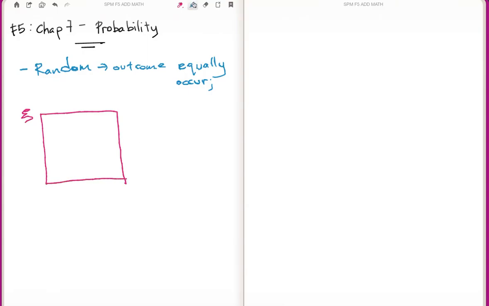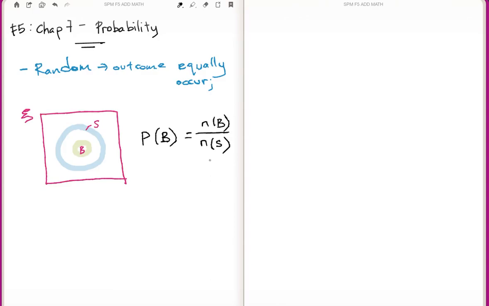For any event, I'll label it as a big circle, and the possibility of getting whatever is here, I'll name as B. This is my sample S, sample size S. So the possibility of getting my event B would be the number of B over the total number of S.